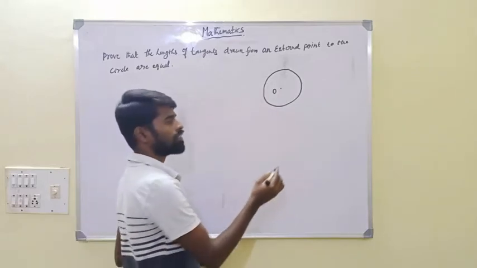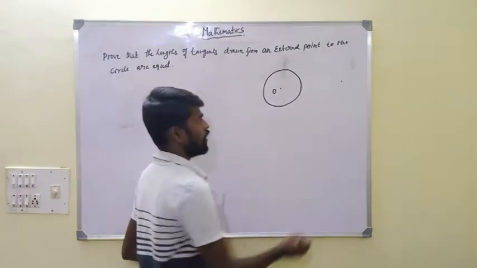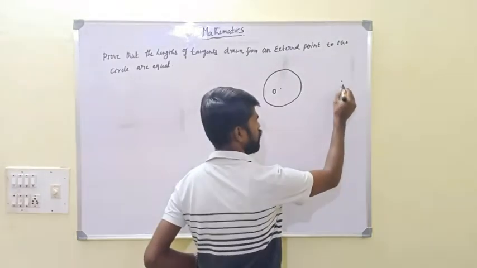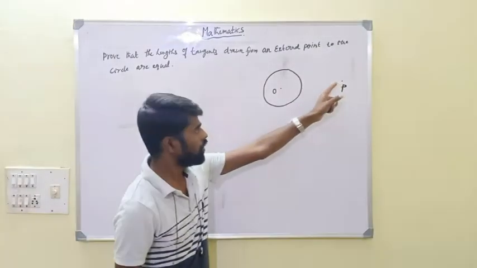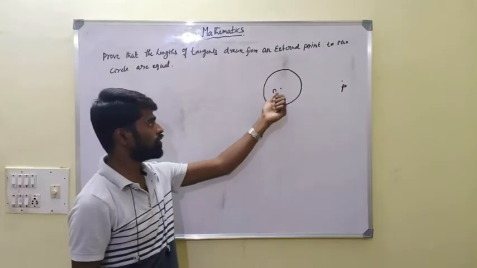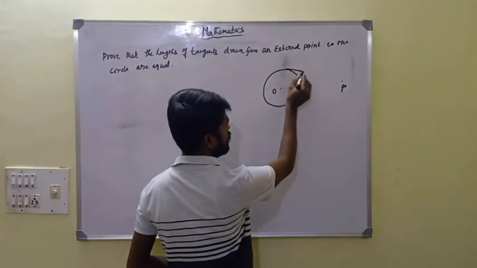Outside means an external point. Let us name that point P. Now from point P draw tangents to the circle. We can draw two tangents.